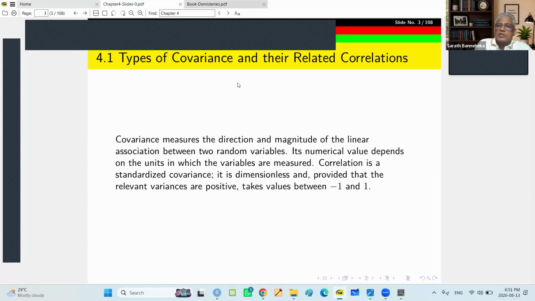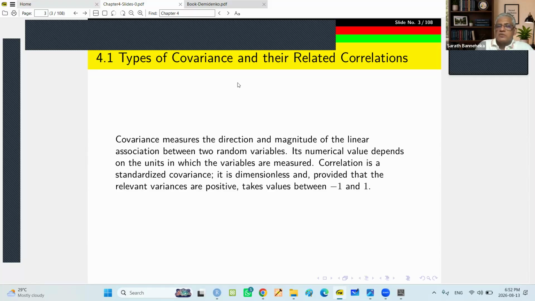Of course, correlation is defined using the covariance, so we have to talk about the covariance first. But usually as a measure of the direction and the magnitude of the linear association, we use correlation. So correlation is a standardized covariance. We standardize the covariance by dividing by the product of the two standard deviations.